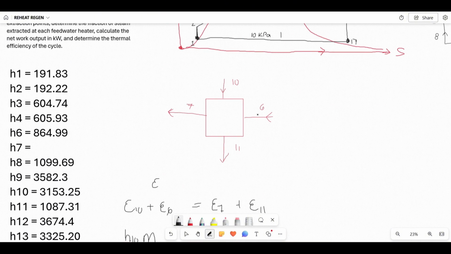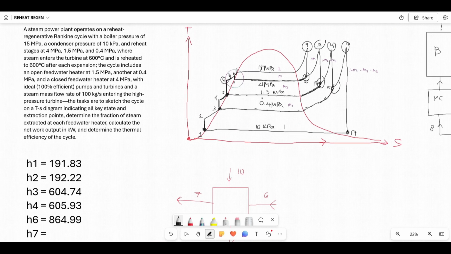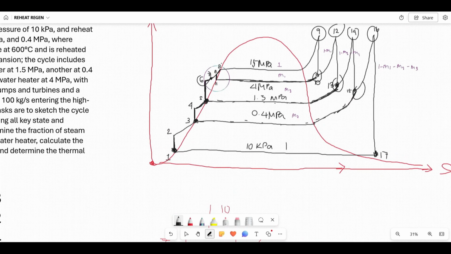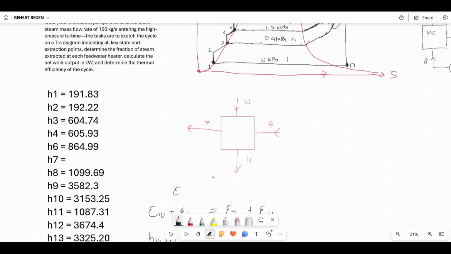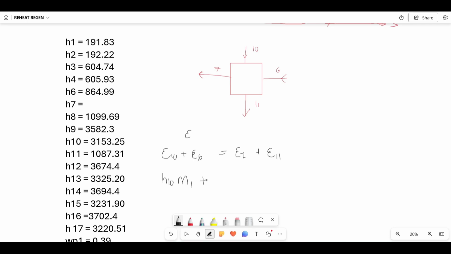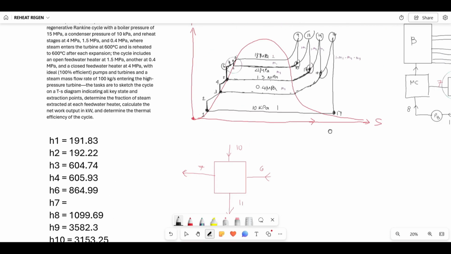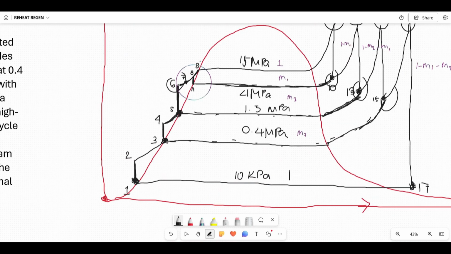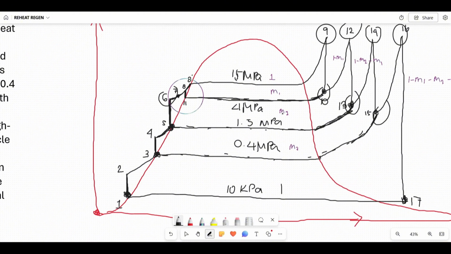Mass at 10 is M1, plus H6. What's the mass of H6? H6 is right here, and we know H6 has a mass of M2.